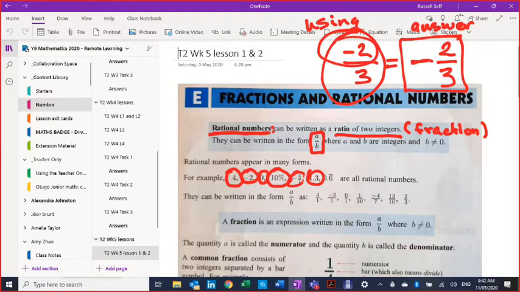So this can be written in a couple of different ways: 1 and 3 tenths. And 1 is the same as 10 tenths, so that can be simply written as 13 tenths. The numerator is bigger than the denominator. Okay?